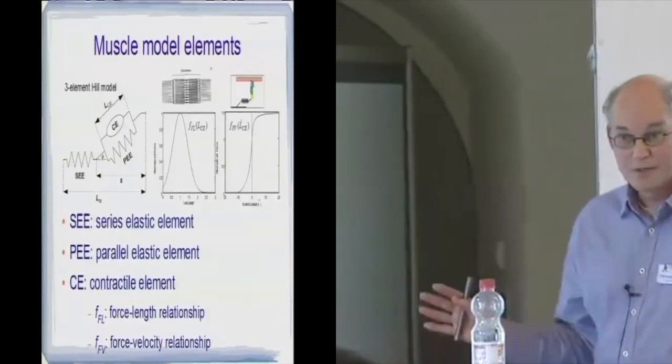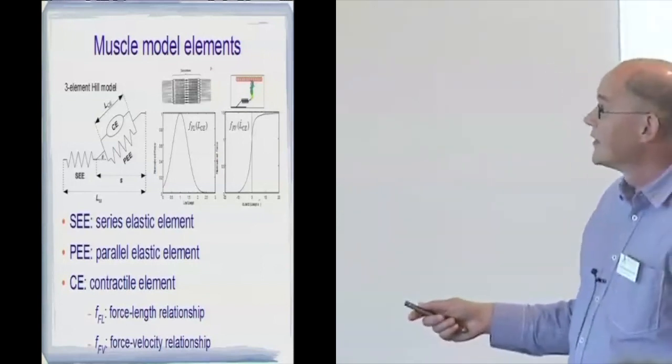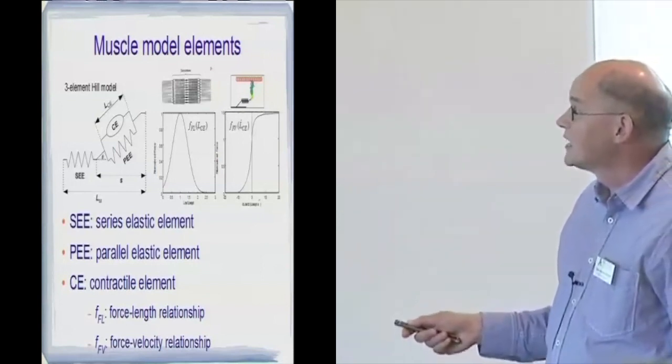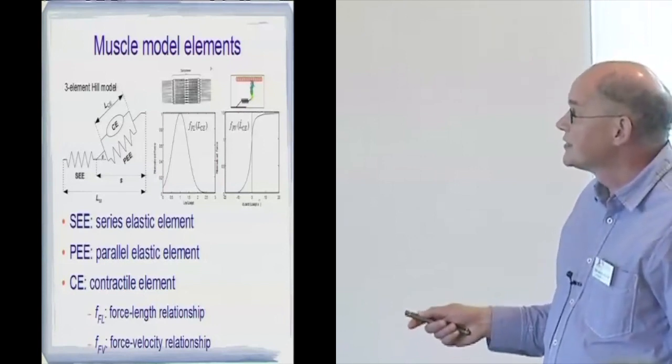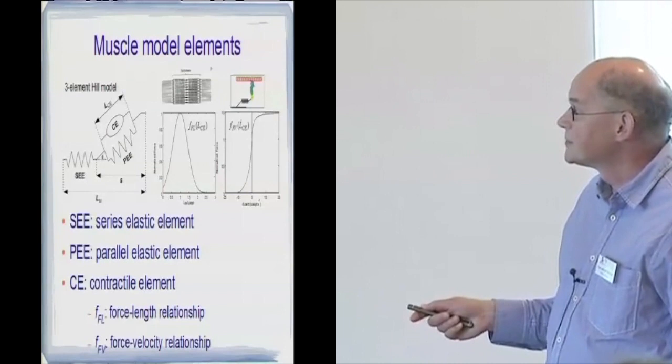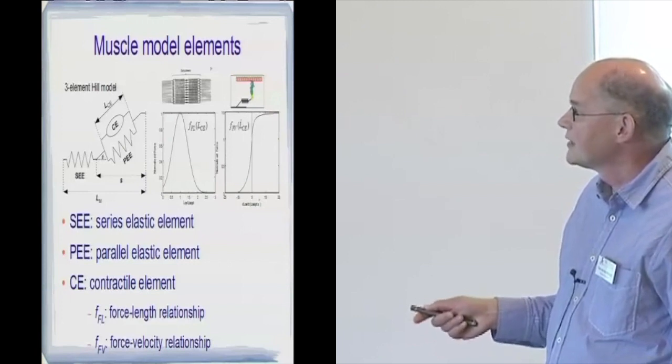The second part of muscle dynamics is the muscle contraction. That has to do with the three-element model that is typically used. The contractile tissue, the protein filaments, transmits the force through a series elastic element, and there's also a parallel elastic element.